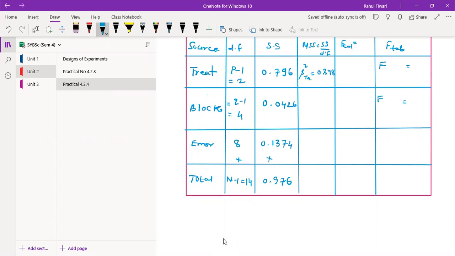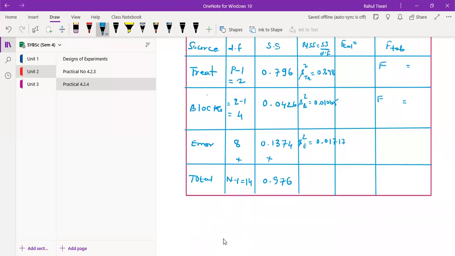Similarly, S square block, which is 0.01065, and S square error, which is 0.01717.